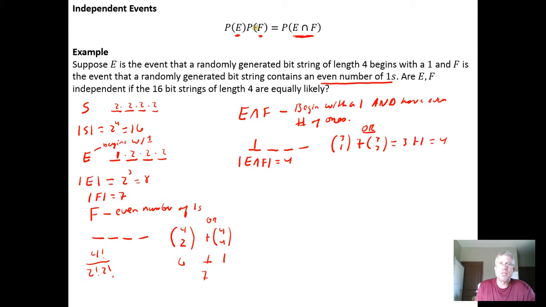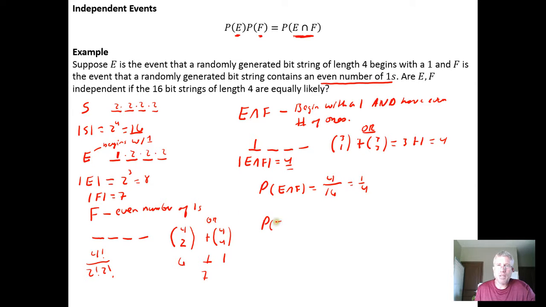And now we just look at the 2 pieces. What's the probability of the intersection, E intersect F? The probability of the intersection is 4, the size of the intersection, divided by 16, the size of the sample space, or a quarter when we reduce it.